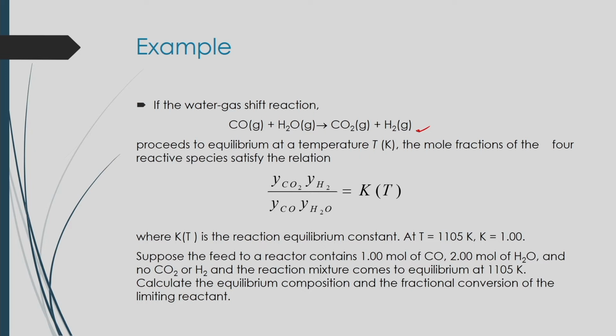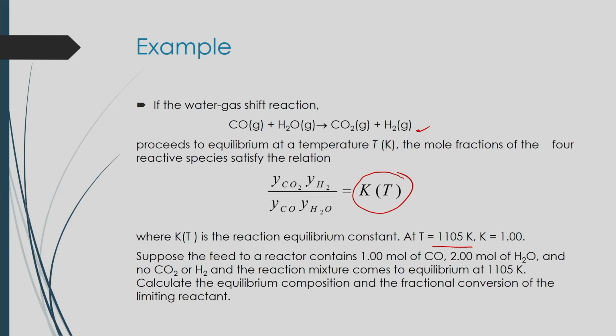The mole fractions of the 4 reactive species satisfy the relation Y carbon dioxide into Y hydrogen divided by Y carbon monoxide into Y water, which is equal to the reaction equilibrium constant K. At 1105 Kelvin, this K will be equal to 1.